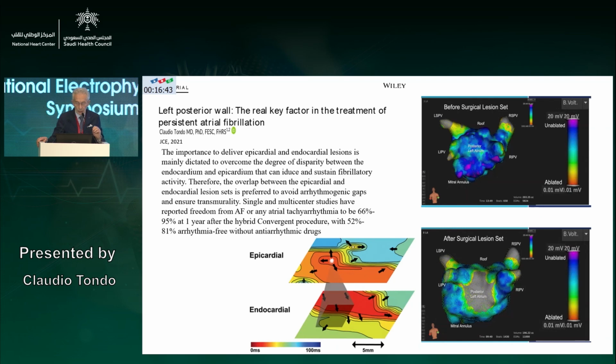If you look at the data from goat experiments, these are nice data from Allessie's group in recent years, who demonstrated that there is a sort of dissociation, but at the same time a breakthrough, between the endo- and the epicardial layers. It's the same concept that I mentioned in my first presentation, how important it is to consider the epicardial layer in the pathophysiology of atrial fibrillation.